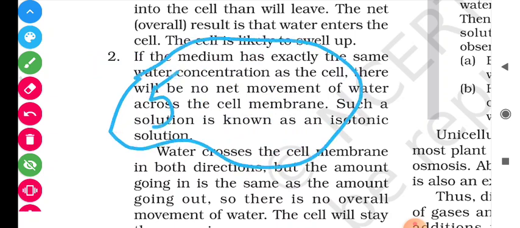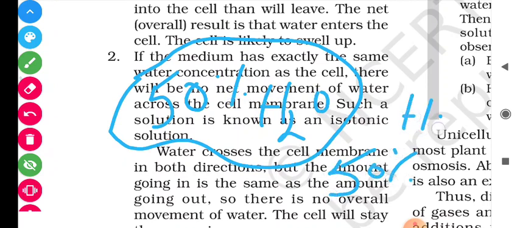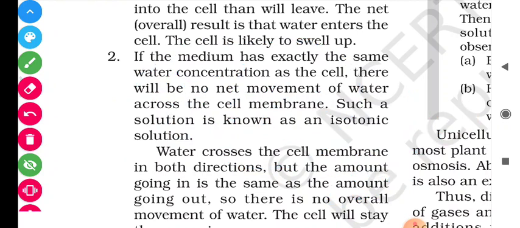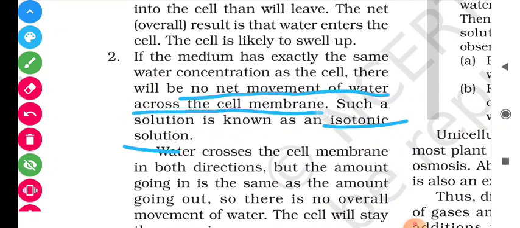The meaning of the sentence is that there is 50% H2O, water, available inside the cell, and there is also 50% water available in the outside environment. So the concentration on both sides, inside the cell and outside the cell, is the same. At that time such a type of solution is called an isotonic solution. Why is it isotonic? Because there is no net movement of water across the cell membrane.